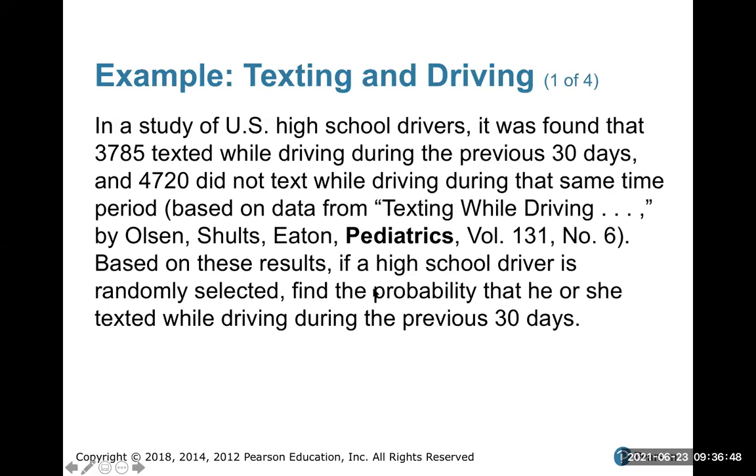Favor comes after the probability. Probability that she or he texted while driving during the previous 30 days. So that's the probability. And then find what would be the total of people that we are surveying. So number of those who texted over total will be the probability. So read this question and see if you can find the probability.